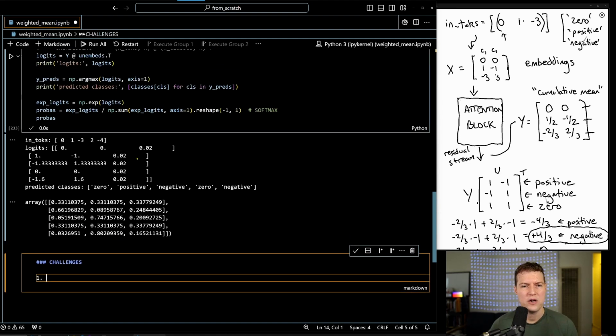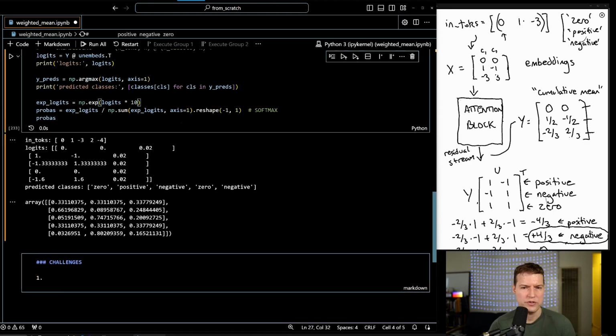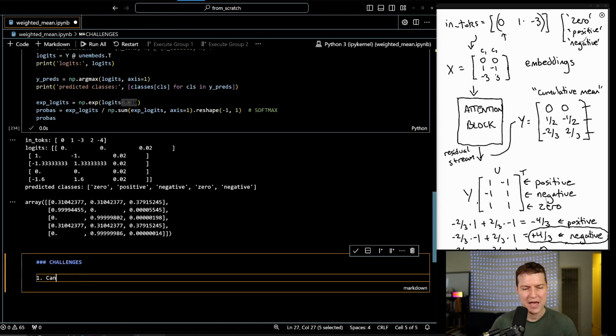Up here, I was multiplying the logits directly, but you're not allowed to do that. You have to follow the model. I can't just, after the fact, multiply them by 10. So can you make the probabilities close to 1, but inside the model?